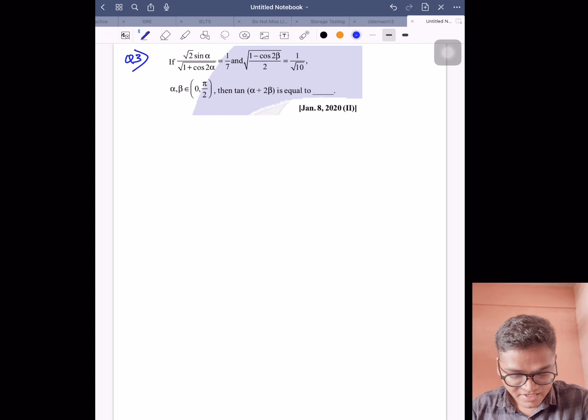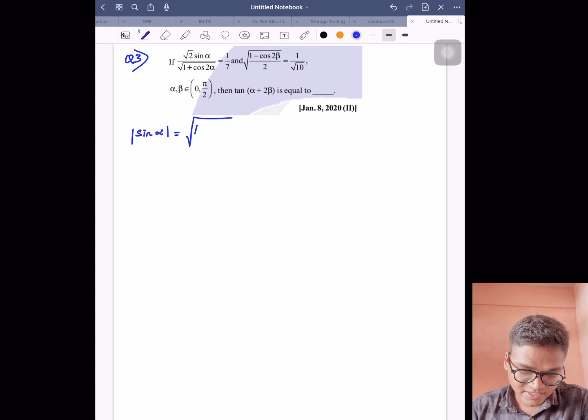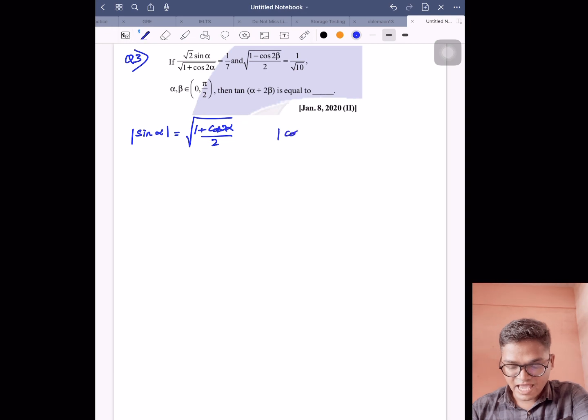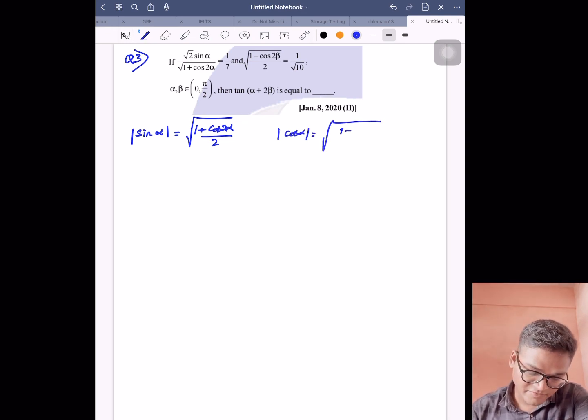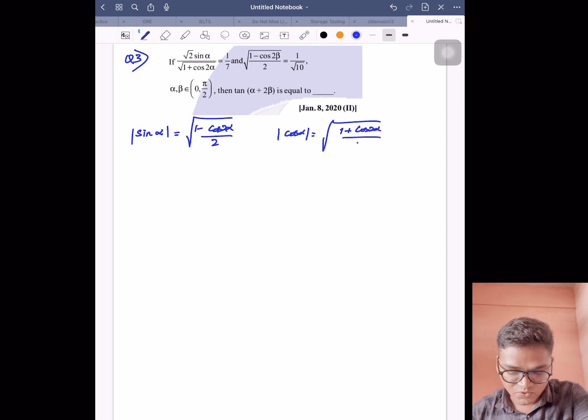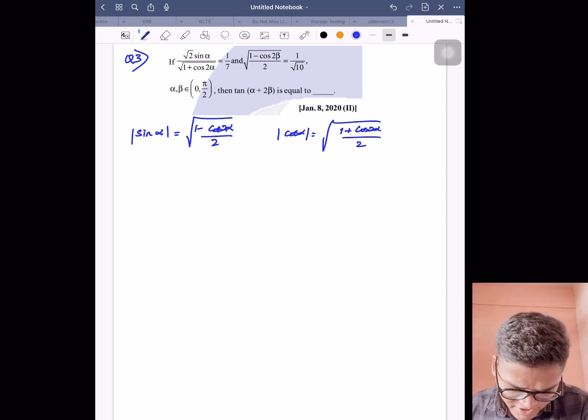You know this one. What is mod sine alpha? Formula will be root of 1 minus cos 2 alpha by 2, right? Similarly, what is mod cos alpha formula? Root of 1 plus cos 2 alpha by 2, right? I think mostly these formulas will do.